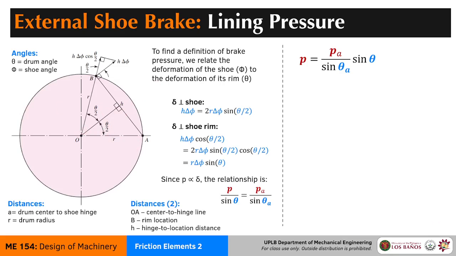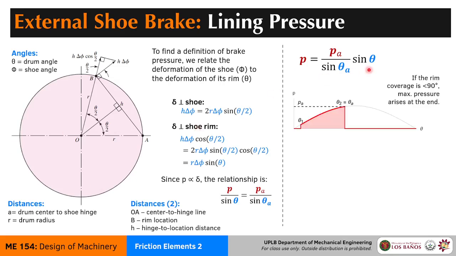So this entirely depends on theta. If the coverage of your lining is less than 90 degrees, the peak will always be at the end of the brake. For example, if your lining does not reach this vertical line, then the maximum pressure will always be at the end of the brake lining.